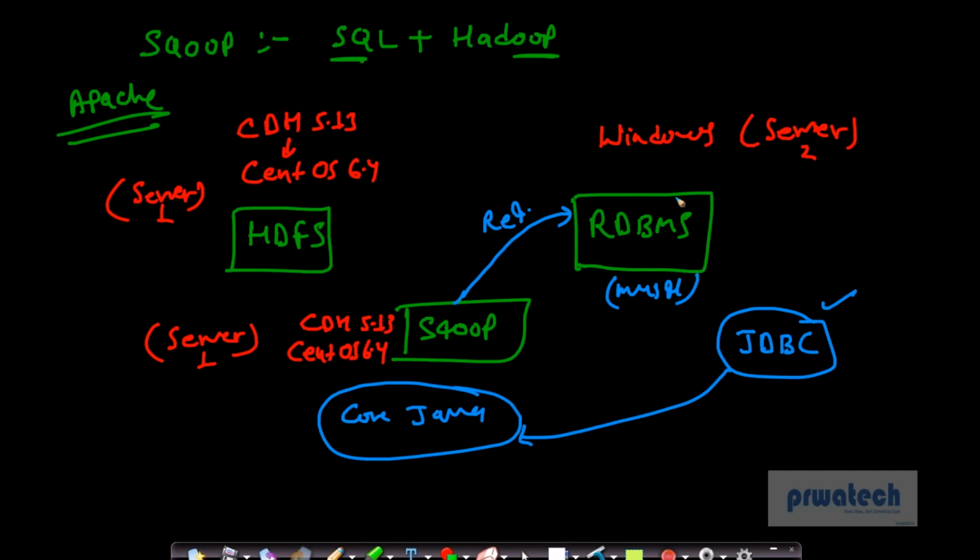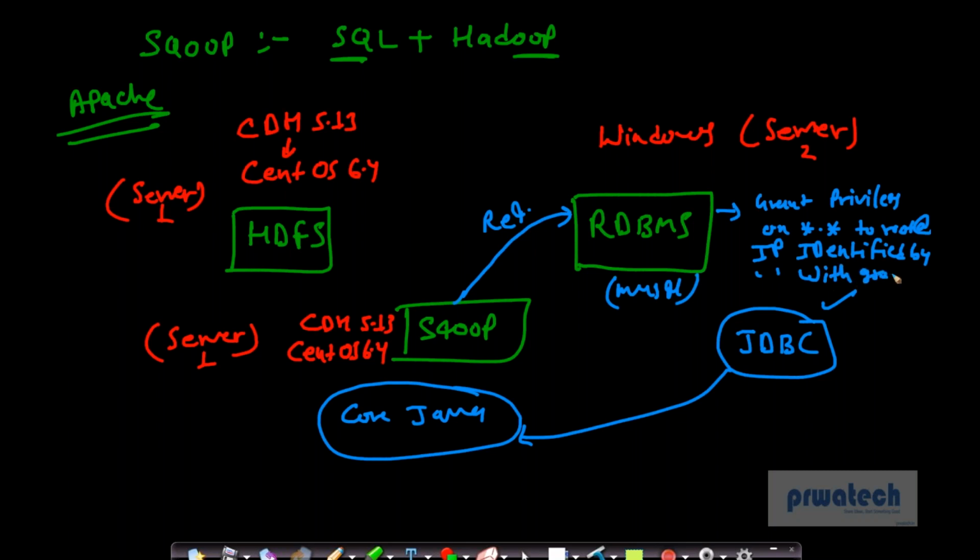Then, if I have granted permission in the RDBMS, there is a query which we submit: grant privileges on star dot star to root at the rate IP address, whatever IP address you want to grant, identified by password, whatever password you have, with grant option.